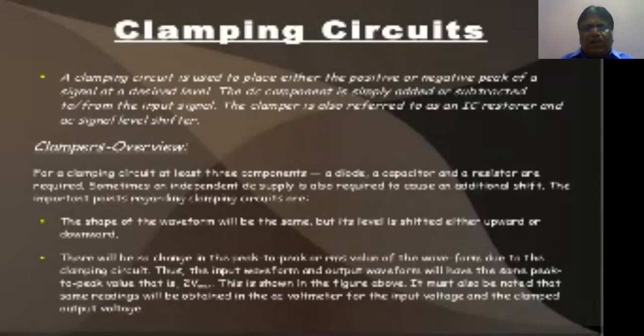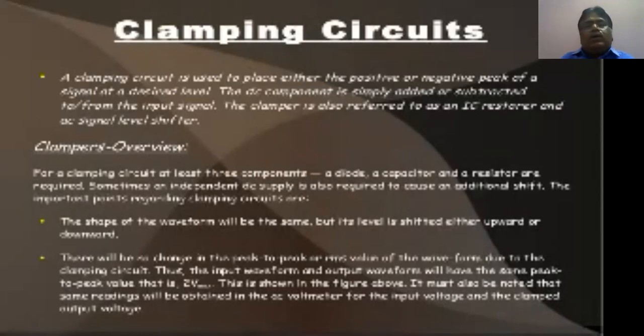The DC component is simply added to or subtracted from the input signal. The clamper is also referred to as a DC restorer and AC signal level shifter.